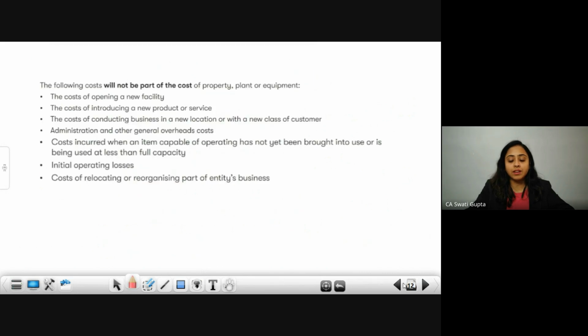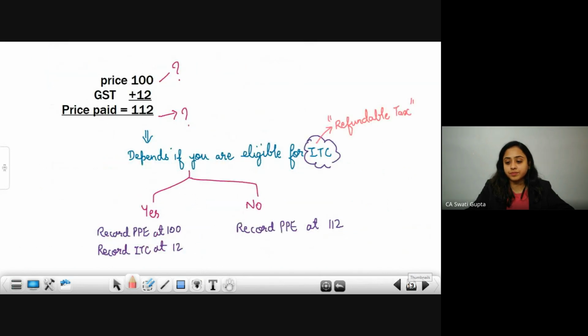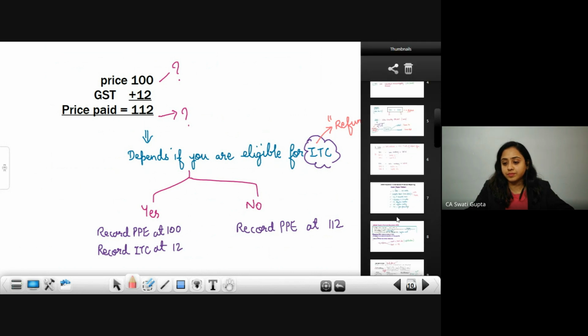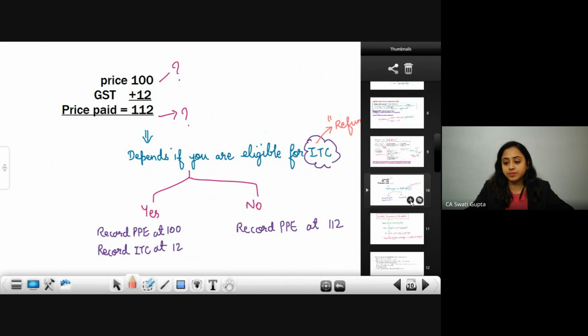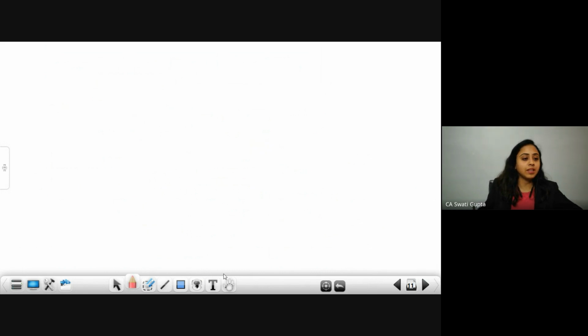For example, there was sample testing, and the sample testing cost, for example, rupees 10,000 have been incurred.